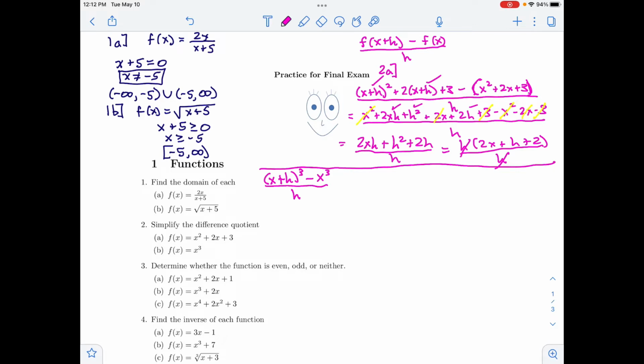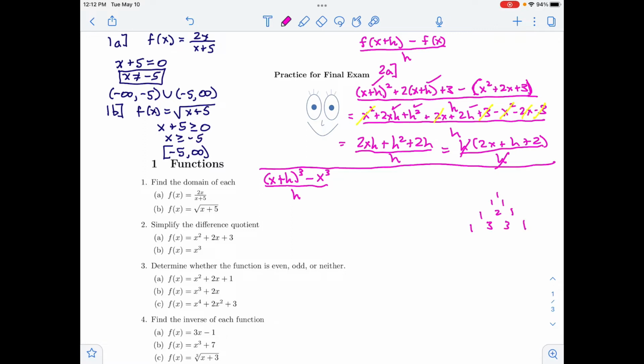Now remember, the important thing here is to know how to multiply out the x plus h cubed. And in fact, we've got different methods for doing that. One, remember, is Pascal's triangle to generate the coefficients, where we make a triangle of ones, and then we add the numbers between.